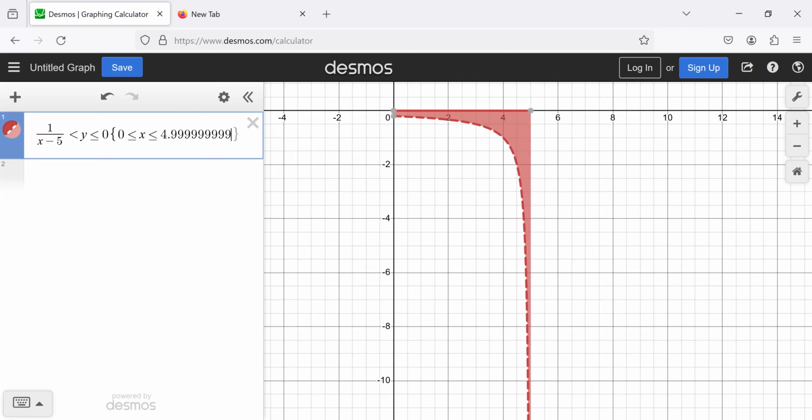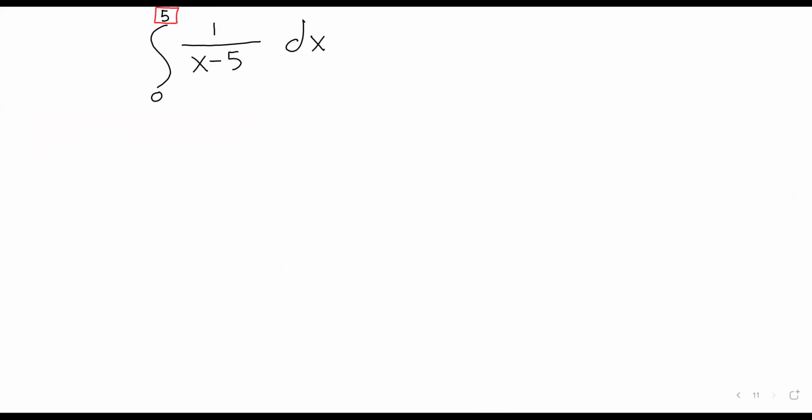So we can let this upper value get closer and closer to 5. And this is then going to be the same idea. We're going to take a limit. It's just that the limit is going to be at the top instead of the bottom.